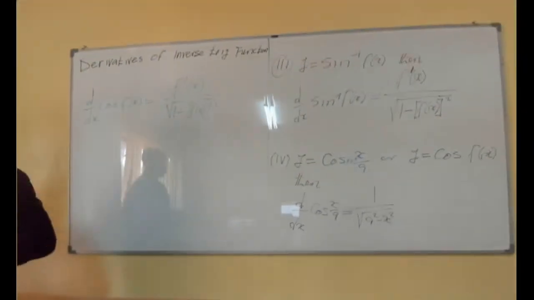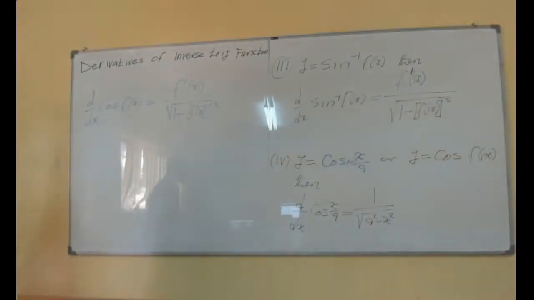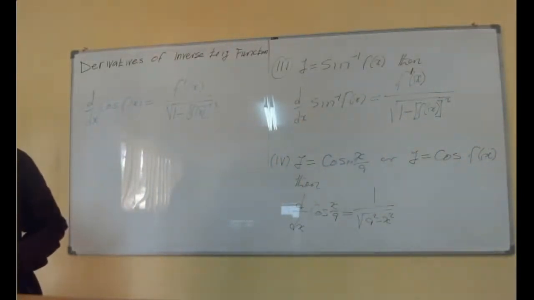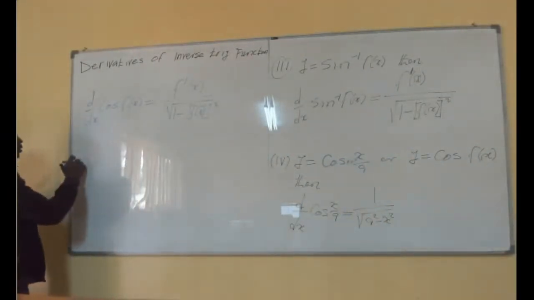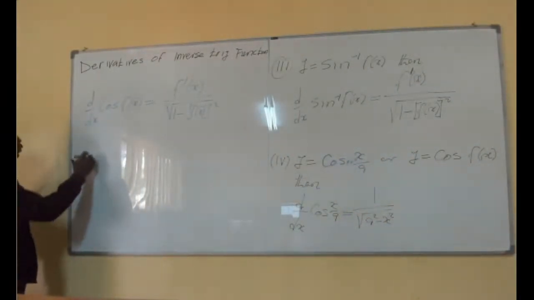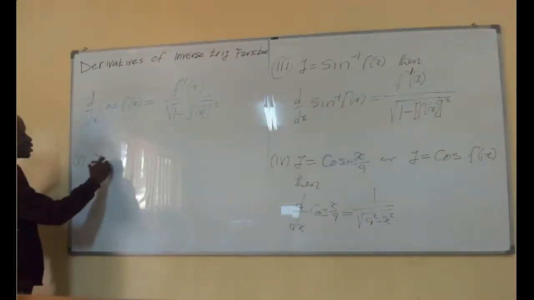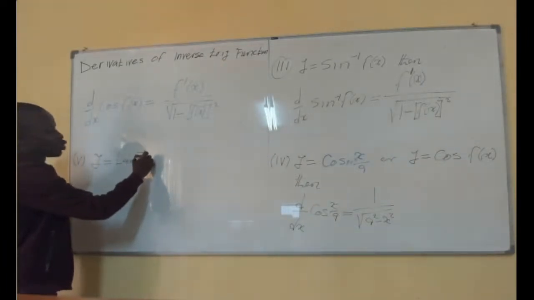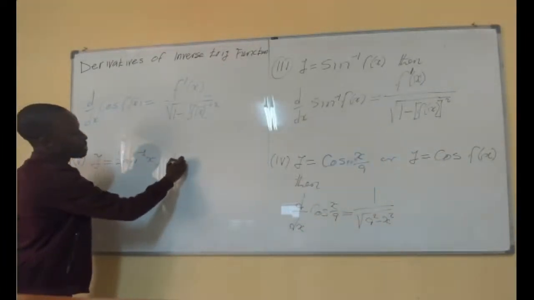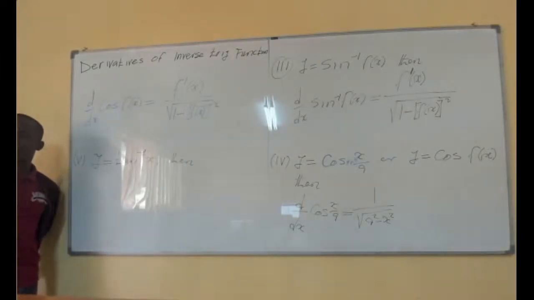Then I'm going to do the last one, which is the tangent, number 5. If y is equal to the tan inverse of x, then we can prove this if you want.